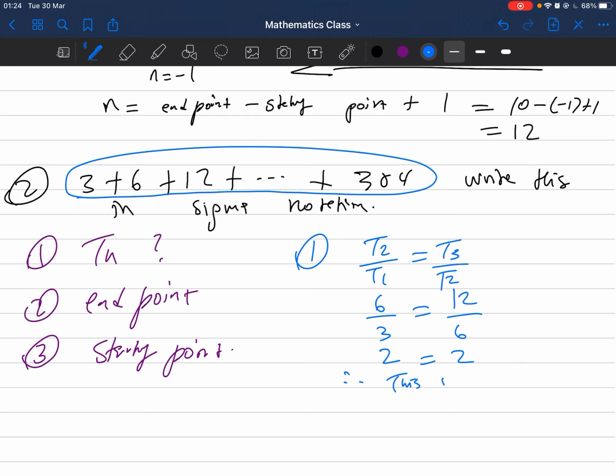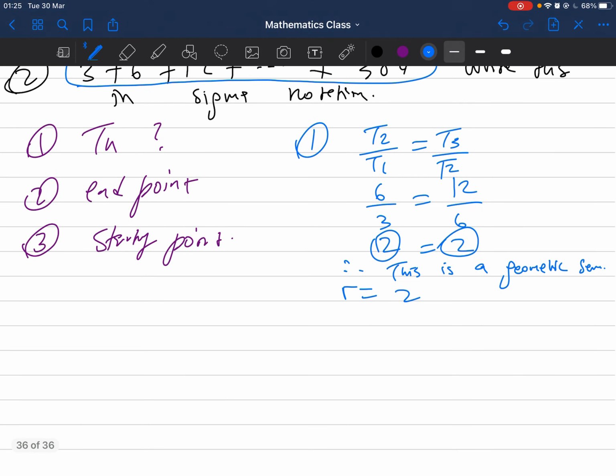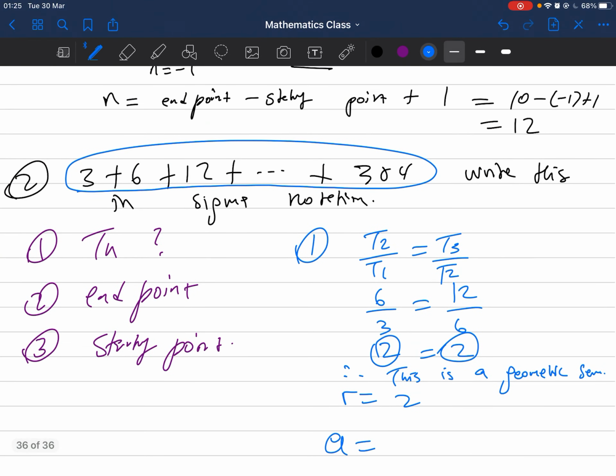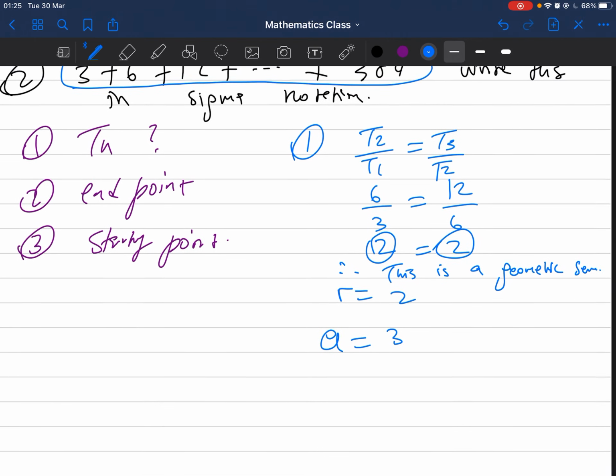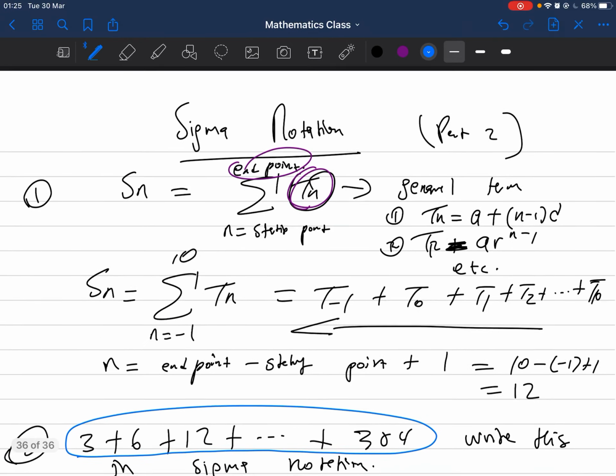Therefore, this is a geometric series, and R is 2. Cool. Now what is A? A is 3.